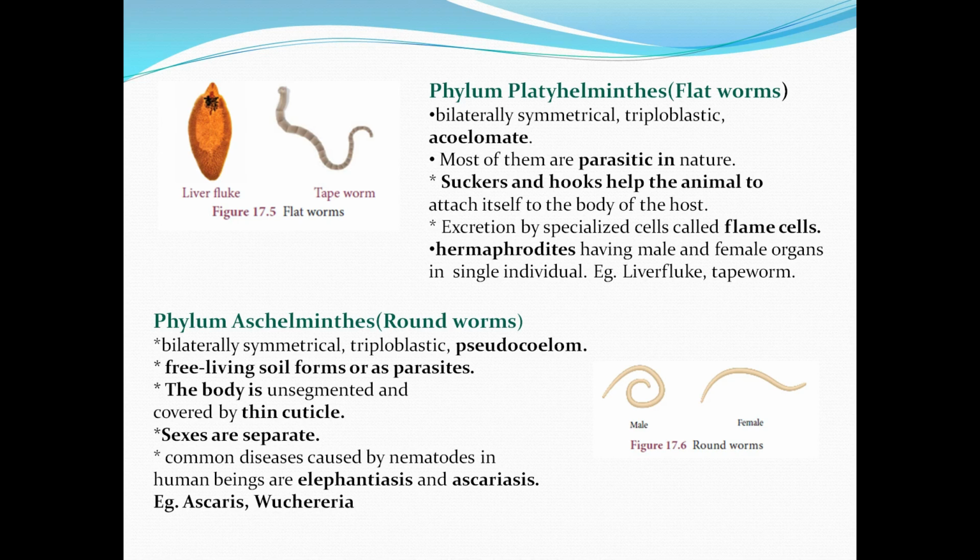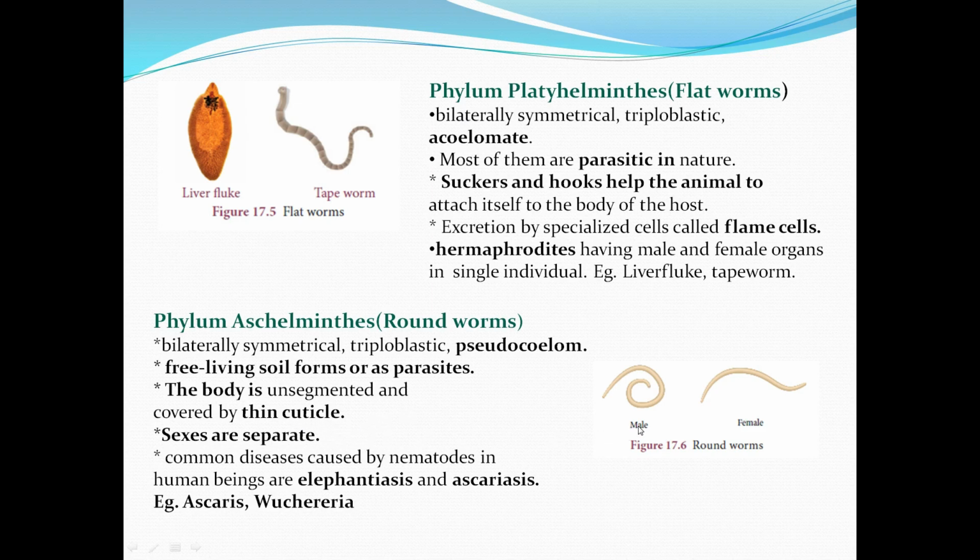Phylum Aschelminthes comprises the roundworms. These animals are bilaterally symmetrical, triploblastic and pseudocoelomate, pseudocoelom meaning false coelom. Many of them are free living soil forms and some are parasites. The body is unsegmented and covered by a thin cuticle.